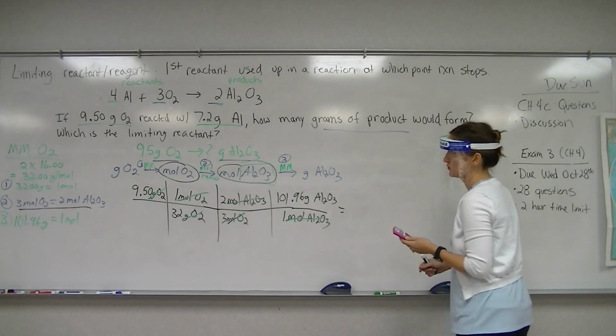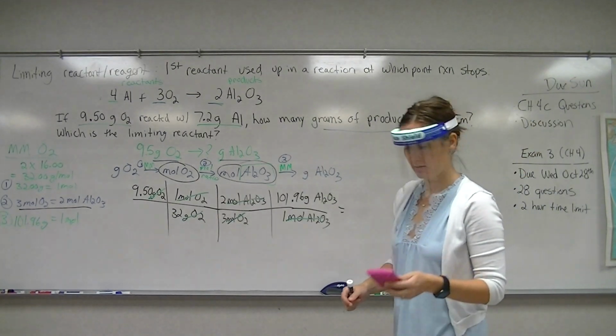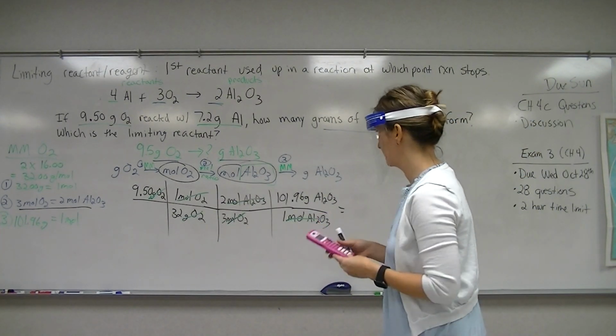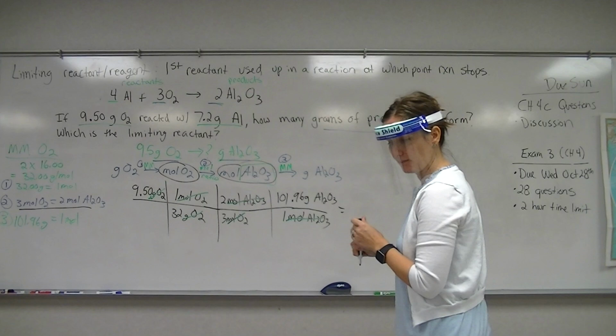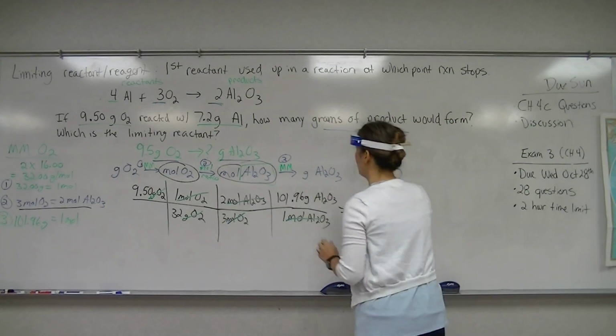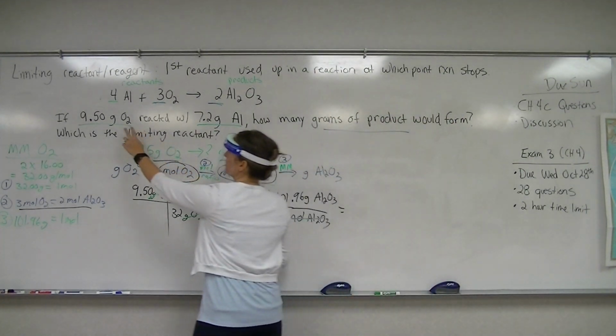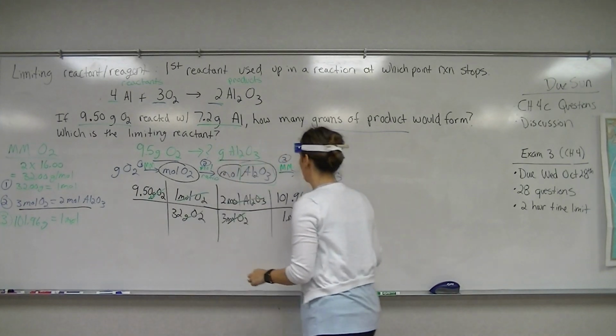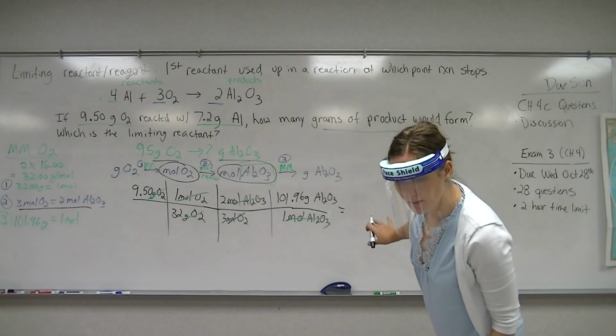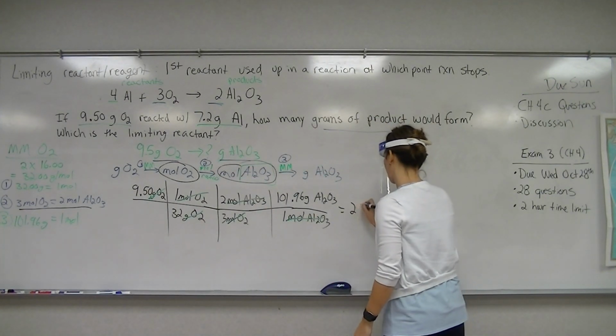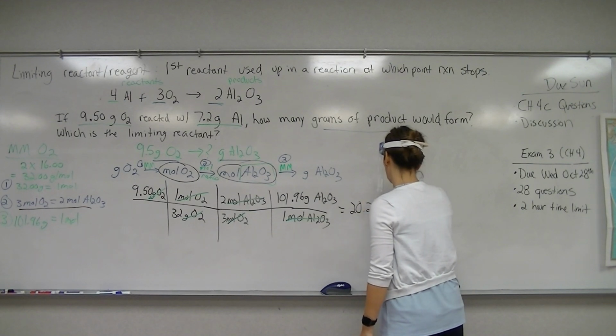I get 20. Looks like quite a lot. Isn't that right? Let's hope so. So I get 20. How many sig figs? There were 3 in this number, so we want 3 in the answer. 20.2 grams of product.